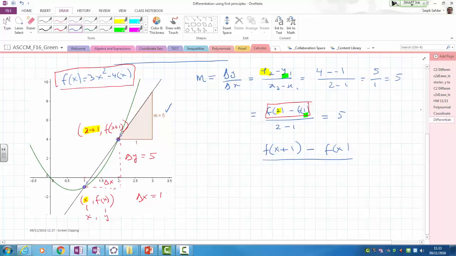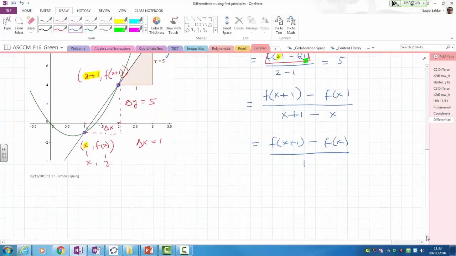The change in x is x plus 1, take away x, which just gives me f(x plus 1) take away f of x, divided by 1. And this is your change in y over change in x. Is that okay?